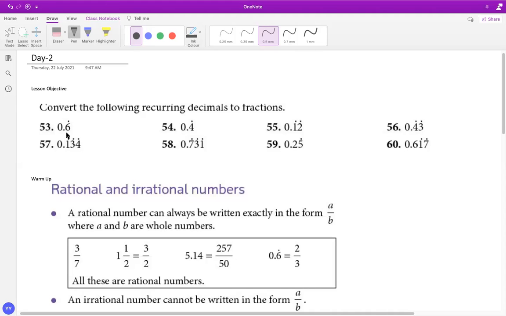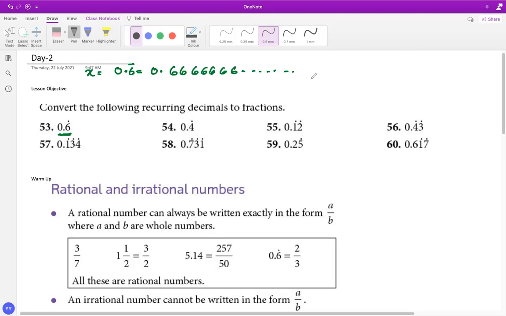Let's take the first question, which is converting 0.6 recurring into a fraction. Firstly, let's say this value is x. Assume that this value is x. We write down till infinite decimals.